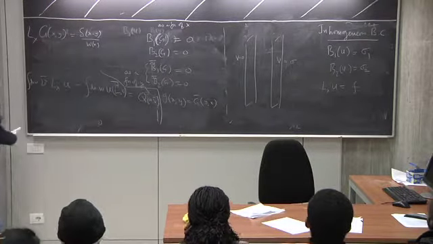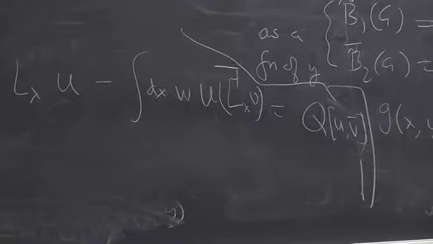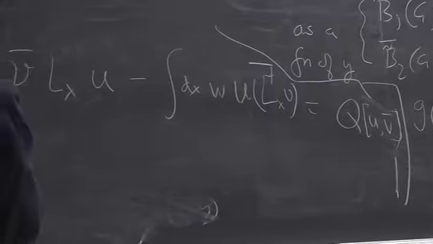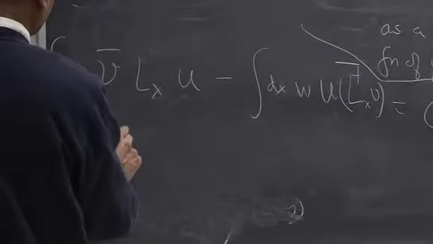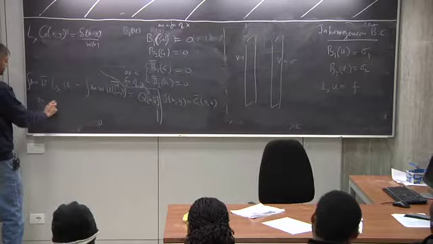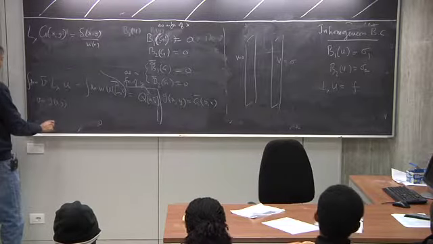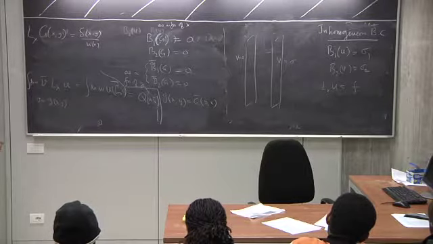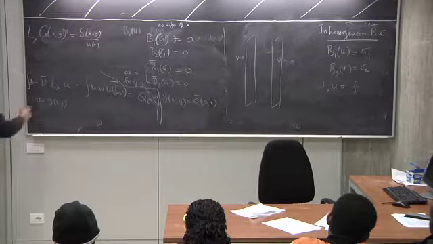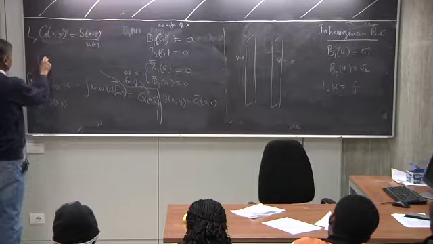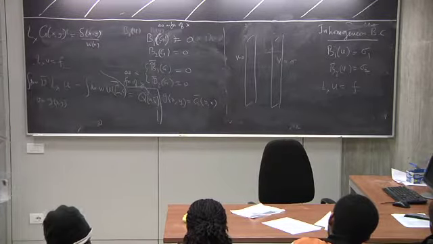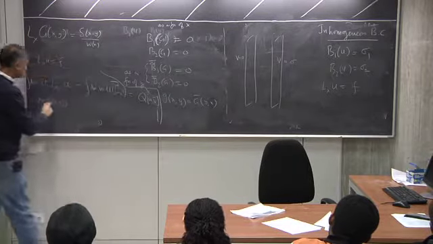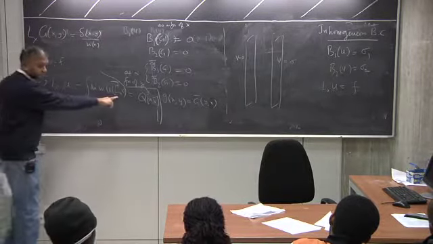Okay. So this was the generalized Green's identity. When they satisfy this boundary condition, this is 0. And then what we did was we took v to be equal to g of xy, and u to be a solution of this equation Lxu equal to f. So when we applied that here, this L dagger acting on v just gives you delta function divided by w.